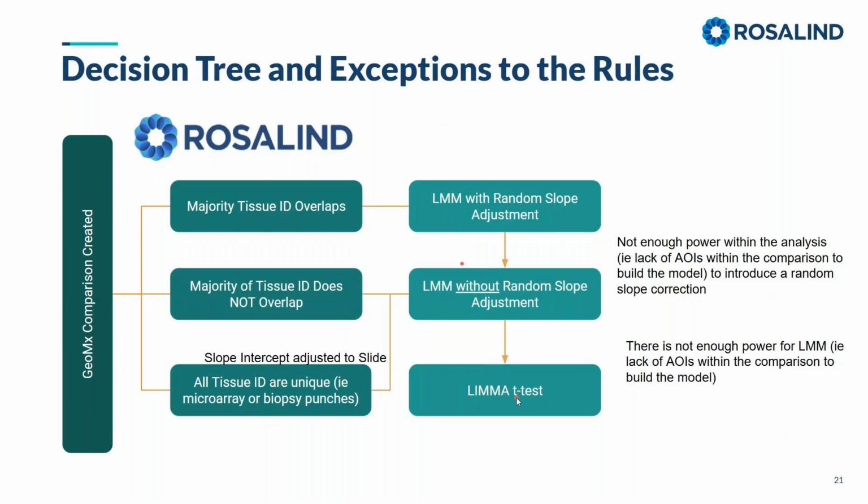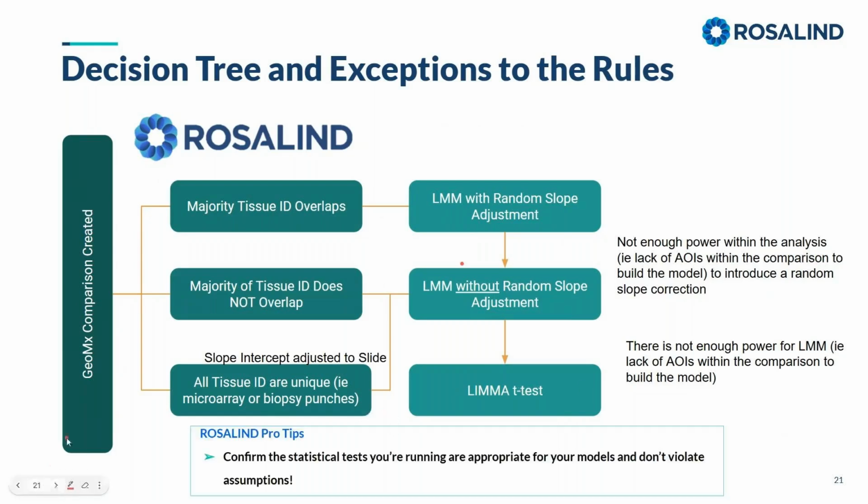So remember that limma was a moderated t-test that was assuming non-normal distribution. So if we can't fit either of these models, we're going to run limma with assumed non-normal distribution and high variance in your data, but still fits hierarchically with all your genes assigned to each AOI. So there's still a best fit model for what we can run.